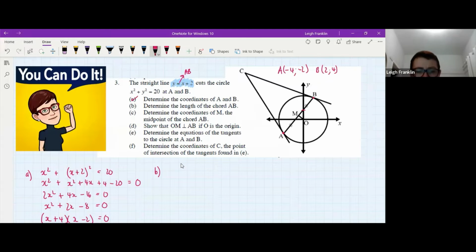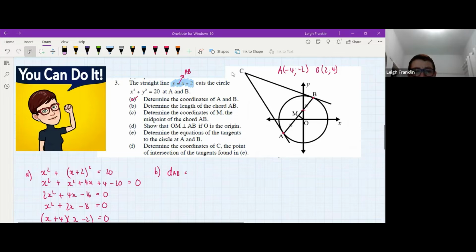Length of chord AB. Yeah, awesome, Nicole.